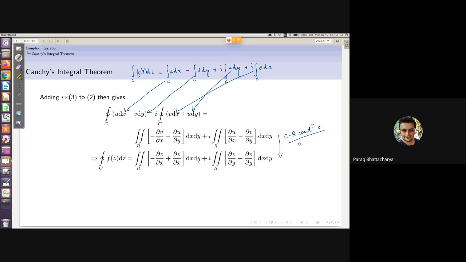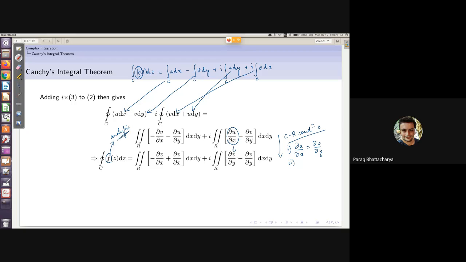What are the Cauchy-Riemann conditions? Dou u by dou x is equal to dou v by dou y. This is the first Cauchy-Riemann condition which we applied over here: this dou u by dou x is replaced with dou v by dou y. We have assumed that this f is analytic.